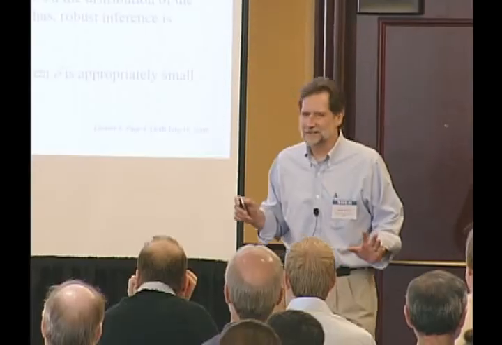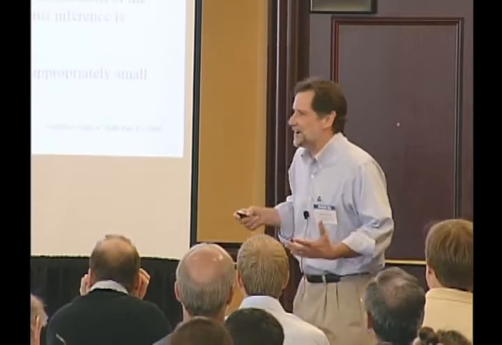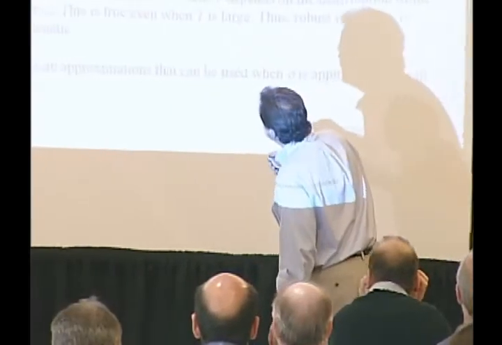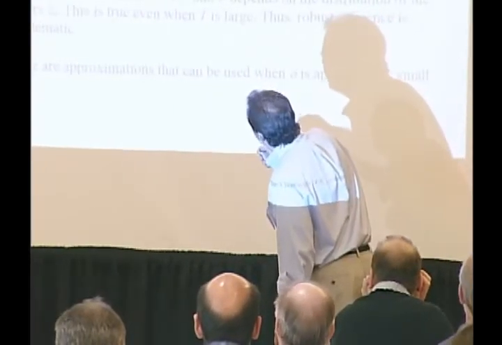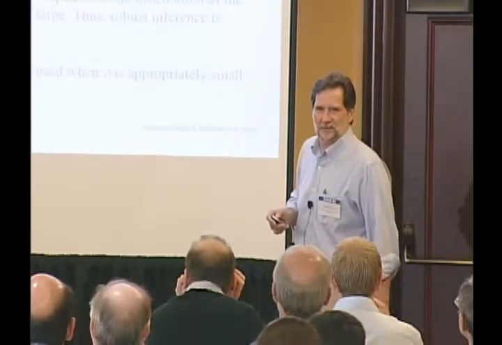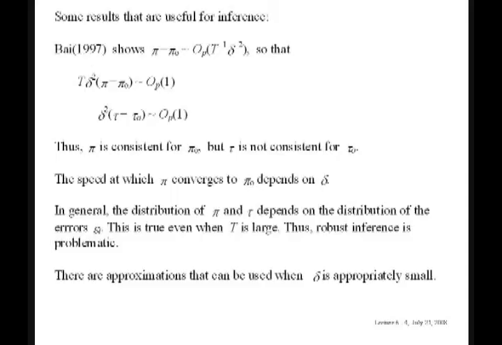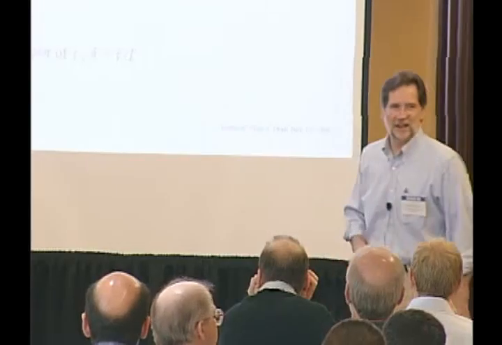Now, if you think about this for a couple seconds, you should say, well, yeah, that kind of makes sense. The precision of your estimated break date is going to depend on how big delta is. And it turns out this probability distribution, in general, is going to depend critically on what the distribution of those errors is.